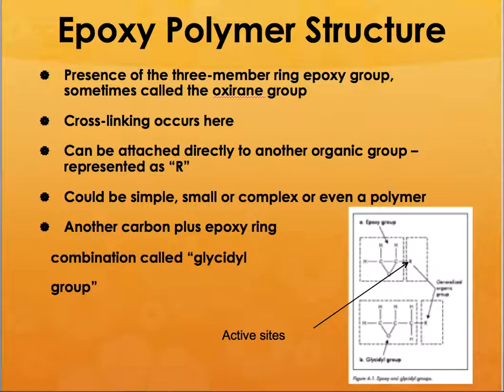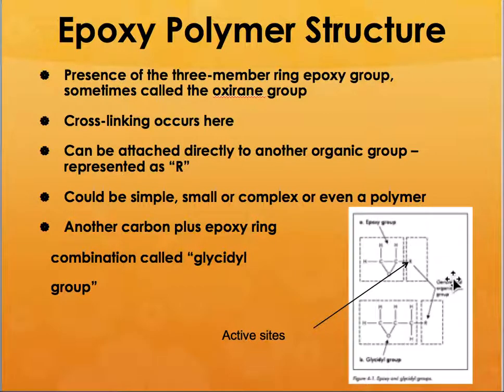So, what is a typical epoxy structure? It has a three-ring epoxy group, sometimes called the oxirane group or epoxide group. The cross-linking occurs right here, where it can be directly attached to another organic group, or the R group.